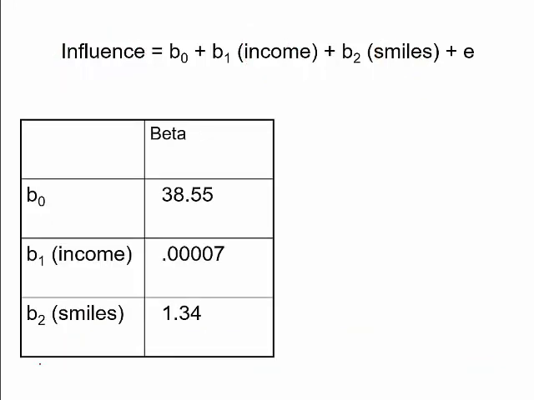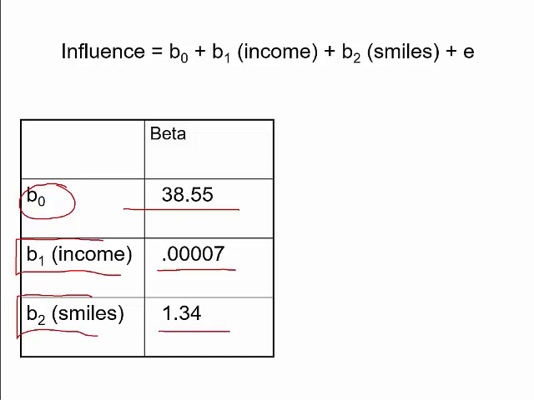So here are the results from the hypothetical study with 552 people. In the results, I got an intercept of 38.55. The slope, beta 1 for income, was 0.00007. And the second slope, beta 2, the beta for number of smiles, was 1.34.